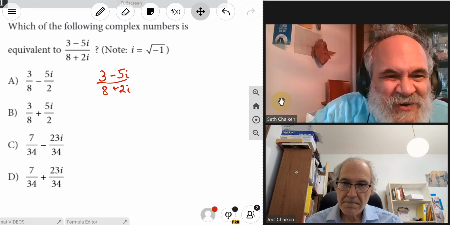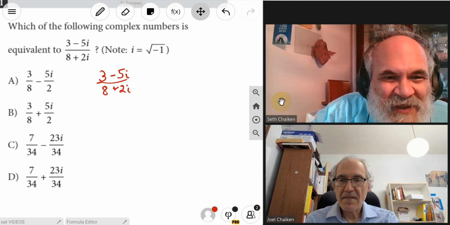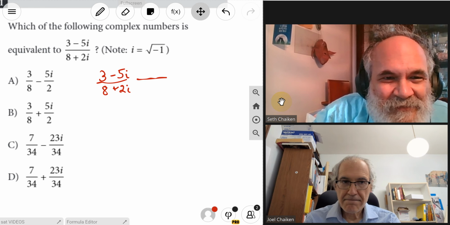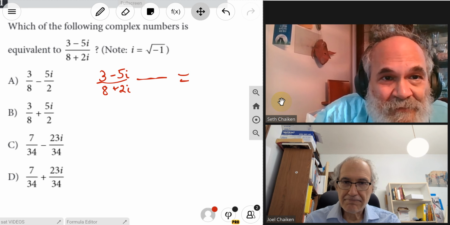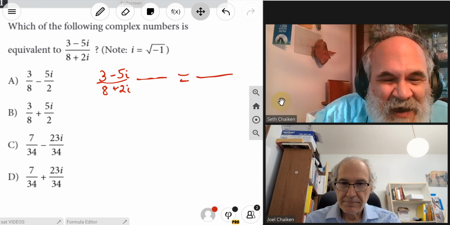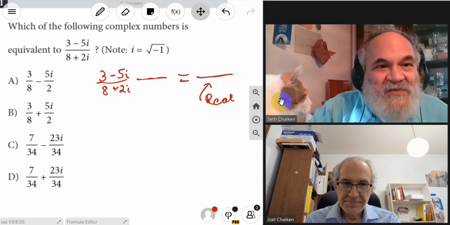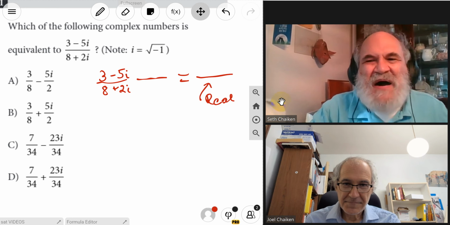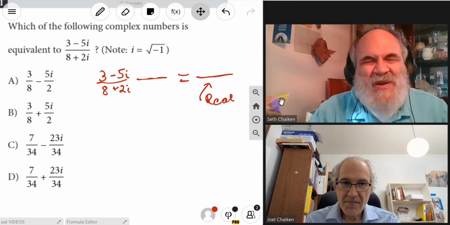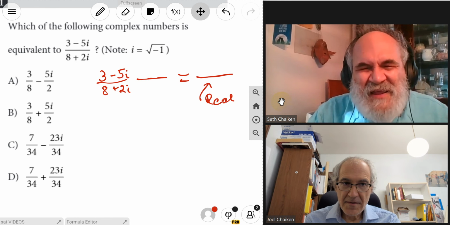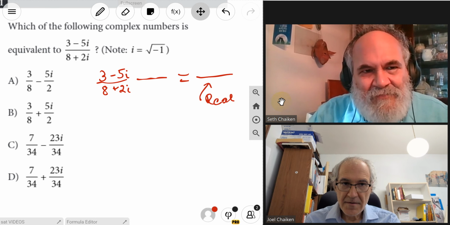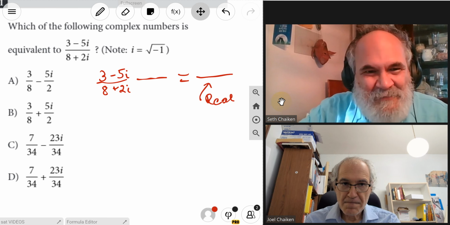The way to convert this to a complex number in which the denominator is real is to multiply the top and the bottom by what is called the complex conjugate of the denominator.